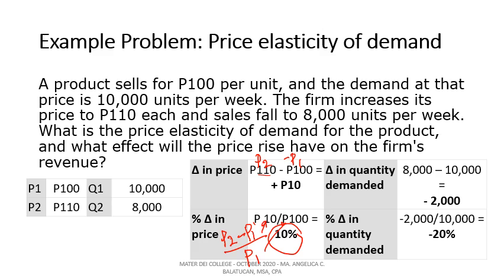So that's the difference between the quantity demanded 2 and quantity demanded 1. So therefore, our percentage change in quantity demanded is equivalent to quantity demanded 2 minus quantity demanded 1 over quantity demanded 1. And this is our change in quantity demanded, and this is the quantity demanded 1. So we will get negative 20%.